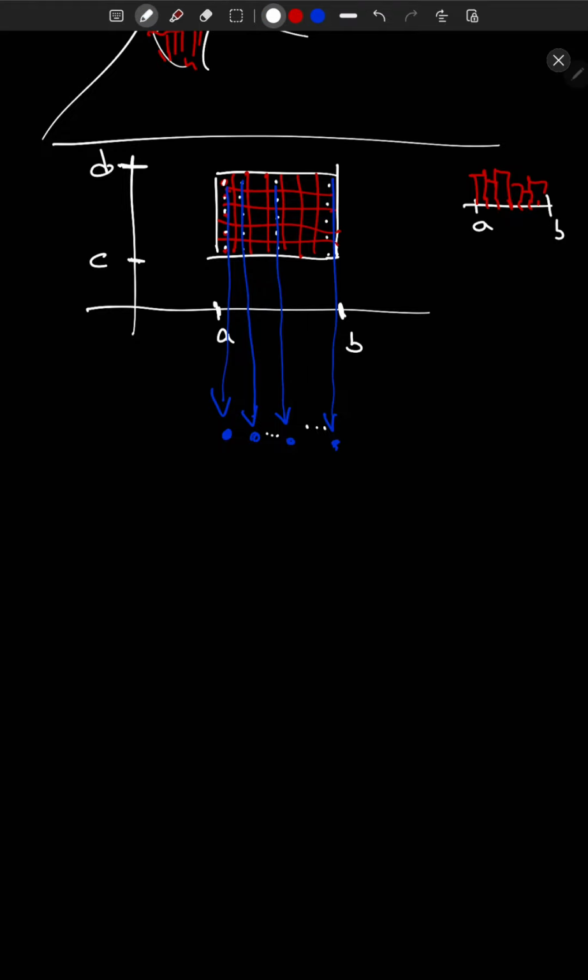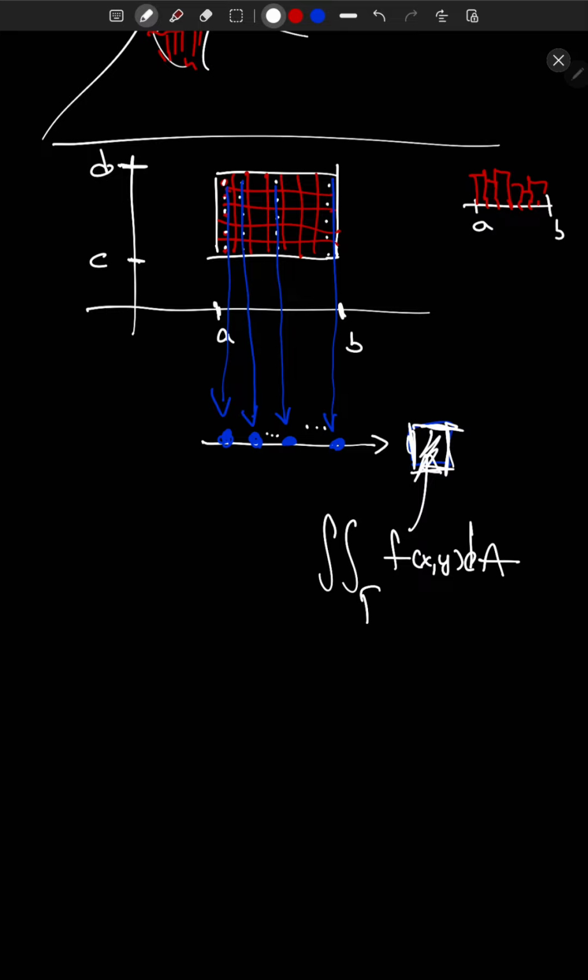So what we do next is we can add up in this direction all the values that we got at the blue dots, which were the volumes of the strips. And of course, if you add up these values, your answer over here is going to be the volume underneath the graph. So if you add all these guys up, you're going to get the double integral of f of x comma y dA over your region.